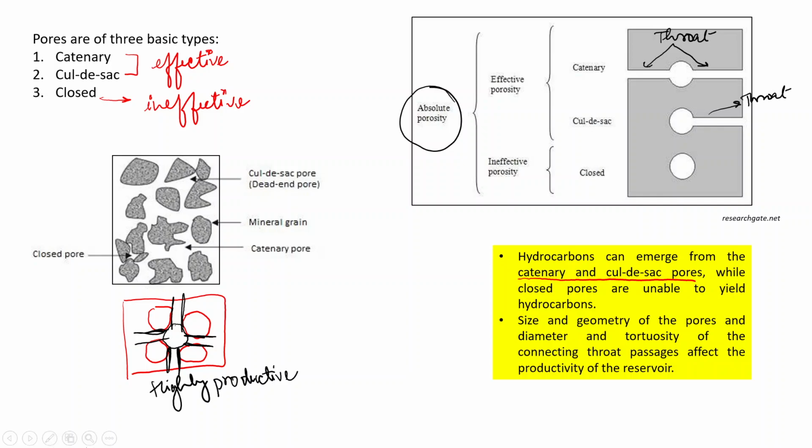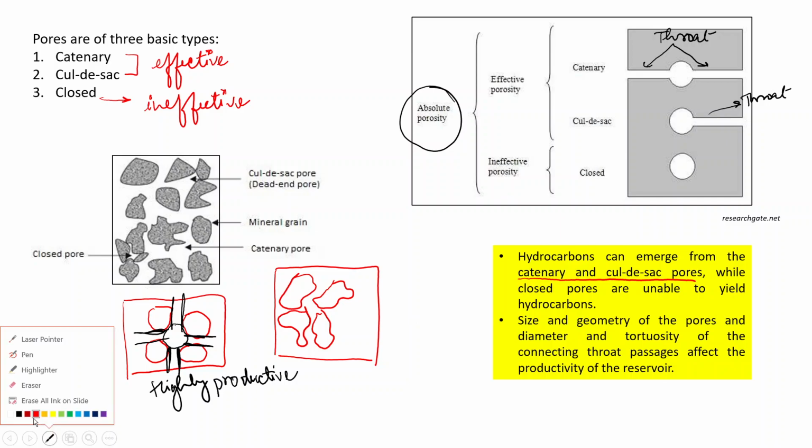But imagine that the same throats are very tortuous like this. So even though this is a catenary pore, you can see the shape of the throat is not smooth like the first case.